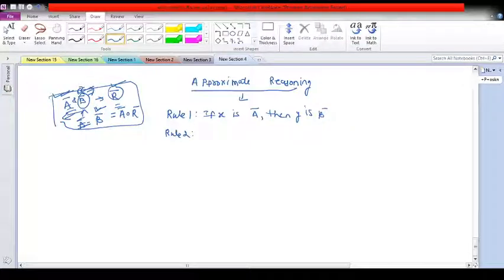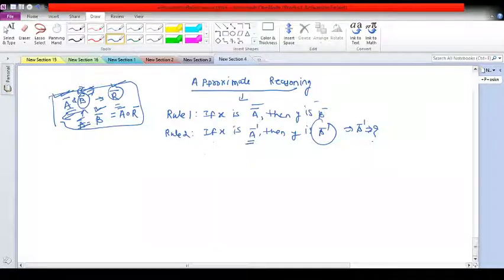Now if X is A bar dash, then Y will be B bar dash. X is A bar, B bar is given. Now if X is A bar dash, then what will be B bar dash? This B bar dash I have to obtain. How? That is what we have to do here.